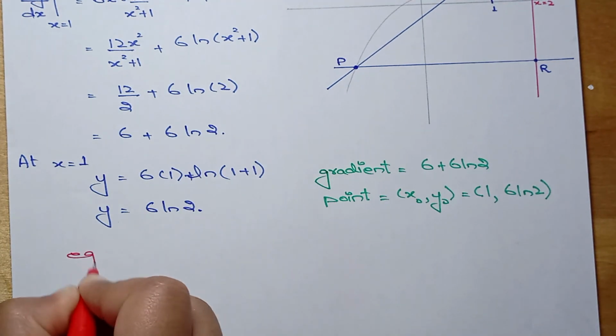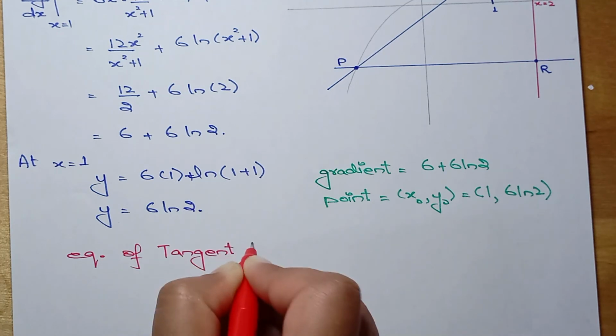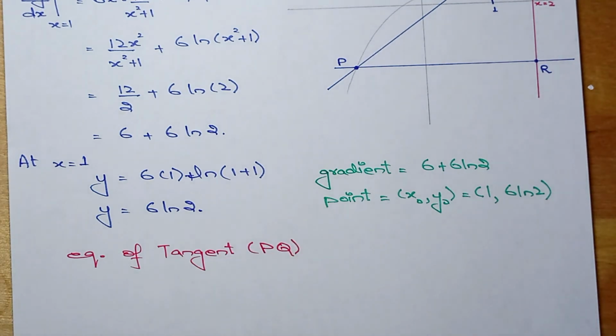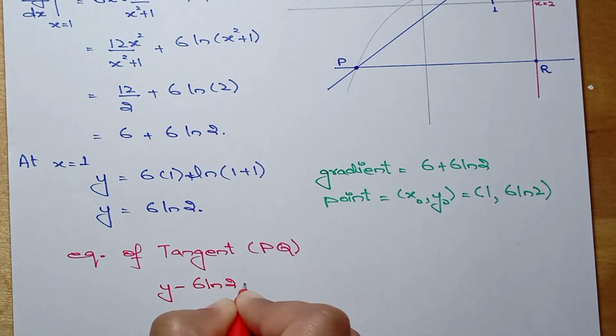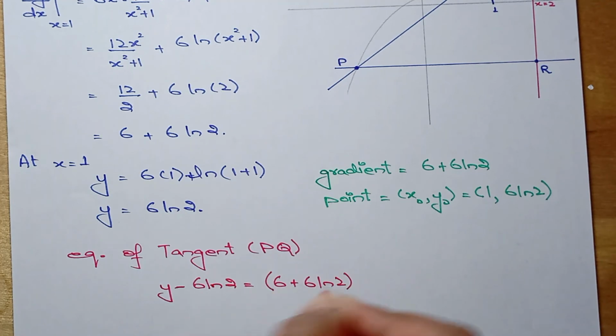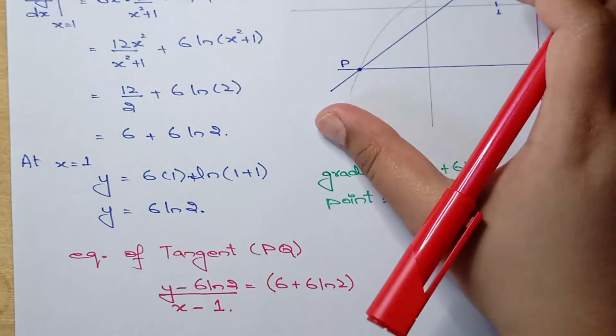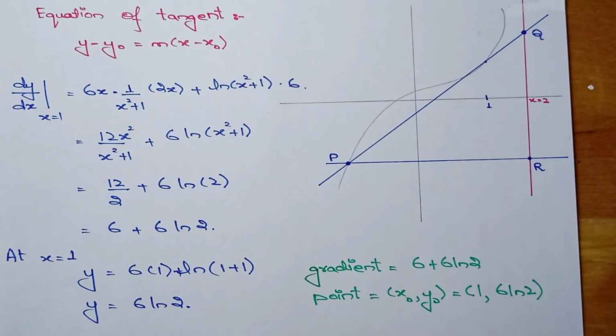So equation of tangent, that is in our case the equation of line PQ, because PQ is a tangent, that is y minus y naught, that is 6 ln 2, is equals to 6 plus 6 ln 2 times x minus x naught, where x naught is 1, right? So this is equation of tangent, right? Okay, now we got the equation of tangent. That equation is basically the equation of line PQ.